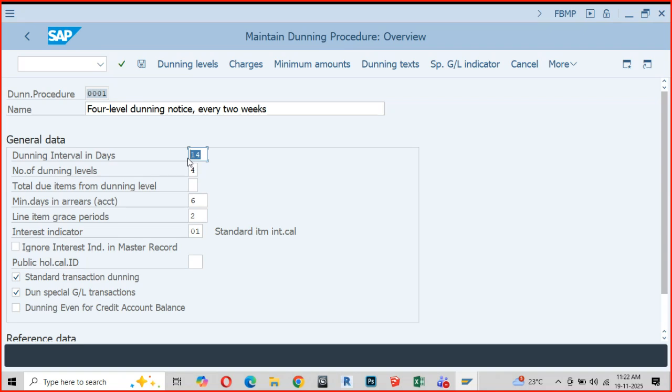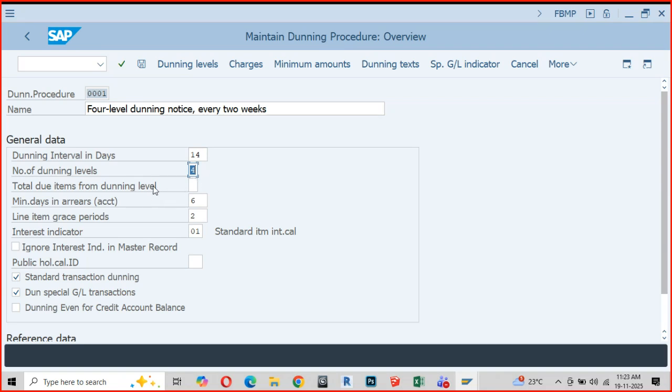Till then, it will not. Clear? Now, number of Dunning levels. Can you see? Here the maximum allowed is 9. Here 4 also practically will not hold good. It is only 3. But since it is a standard system, I'm not going to disturb it.